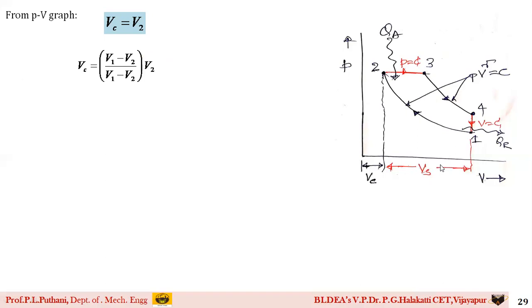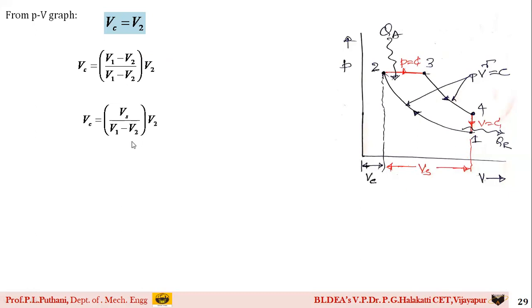V1 minus V2, if you observe from the graph, is nothing but the swept volume. Vs is equal to V1 minus V2. This is the swept volume. So therefore, I can write this as Vc is equal to Vs by V1 minus V2 by V2.